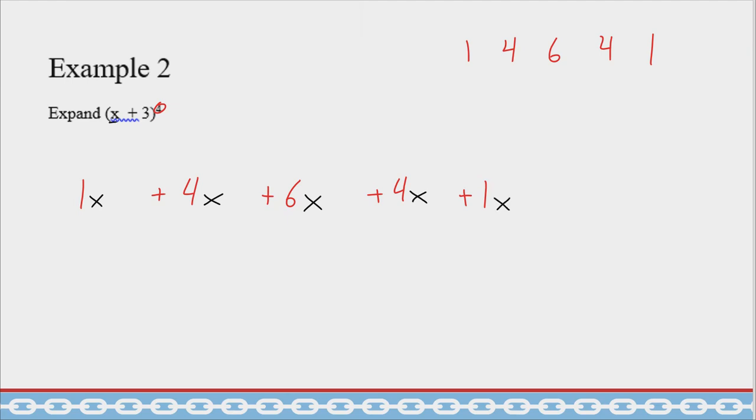From here, I pass out the exponents: 4, 3, 2, 1, 0. I also know they're all going to get a 3.